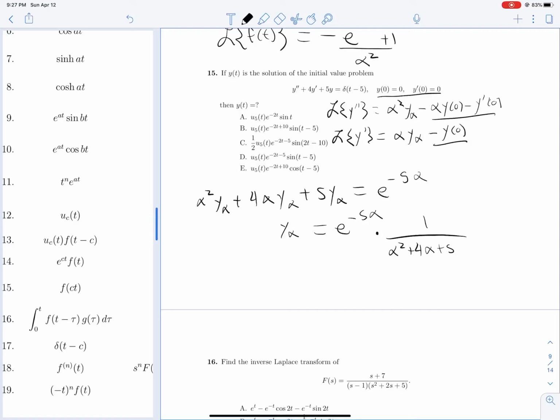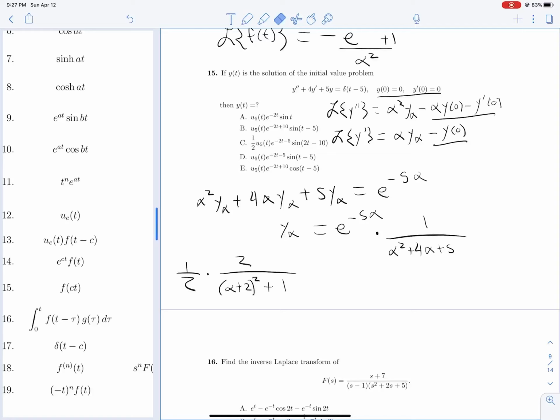So let's see if we can pull that off. I'm going to take this guy down here and mess with it a little bit. Let's say that this is 1 times 1 divided by alpha plus 2 squared plus 1.